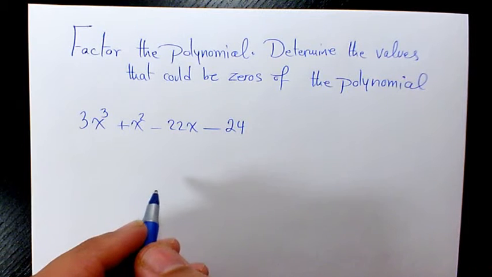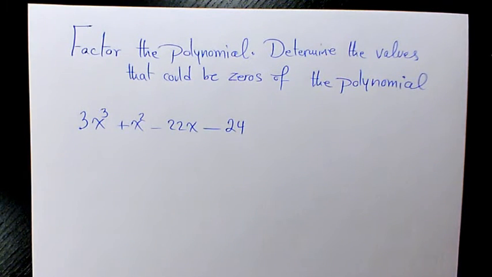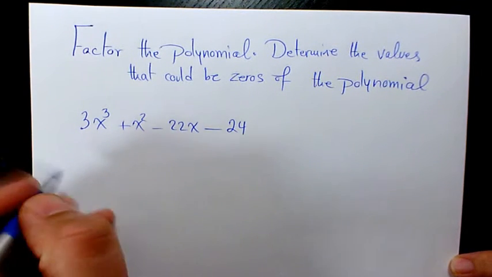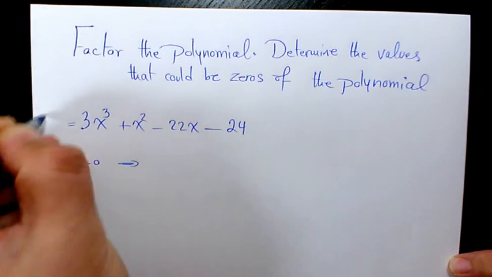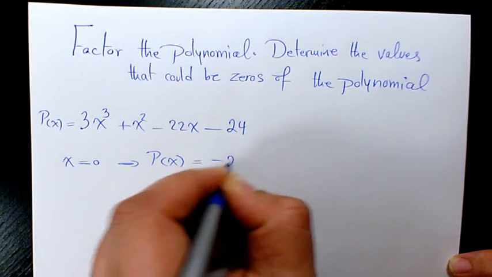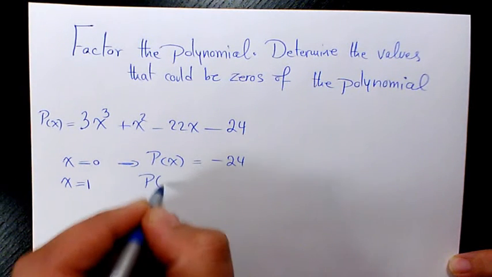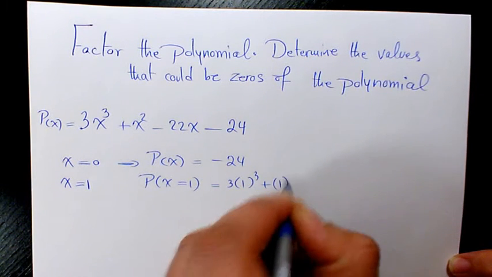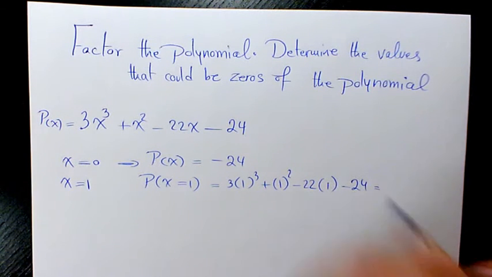First of all, we need to use the factor theorem and check which number is going to work there. If we use 0, this polynomial is not going to be equal to 0. It is going to be negative 24. If x equals 1, P(1) is going to be 3 times 1 cubed plus 1 squared minus 22 minus 24.